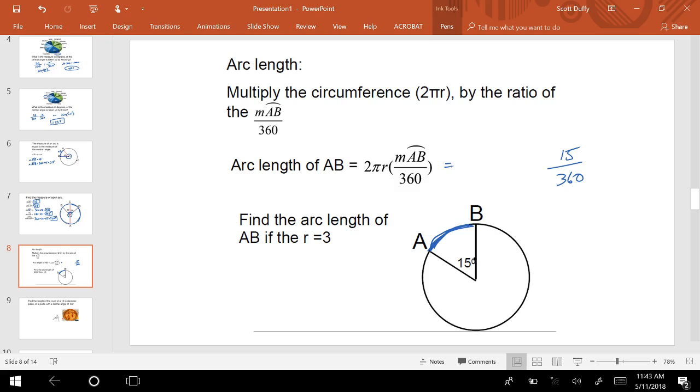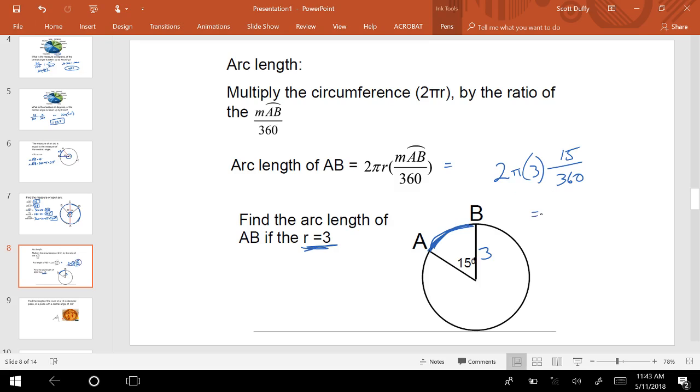And the whole thing, the circumference, is equal to 2 times pi times the radius. So in this case, they gave us a radius of 3. Circumference is 2 times pi times 3. The whole circumference times the portion that we want.